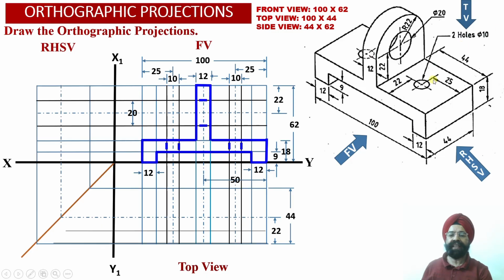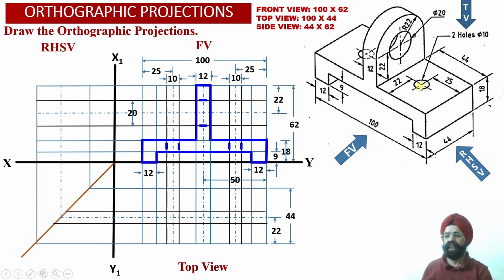Now we know that the diameter of the hole which is lying onto the horizontal web is equal to 10 millimeter. Now corresponding to these two ends of the diameter of the hole, we know that total diameter is 10 millimeter. So now we have to take an offset of 5 millimeter above the center line and an offset of 5 millimeter below the center line. So two black horizontal projector lines depicting 10 millimeter diameter of the hole, which are going to depict these two ends of the diameter of the hole measuring 10 millimeter.